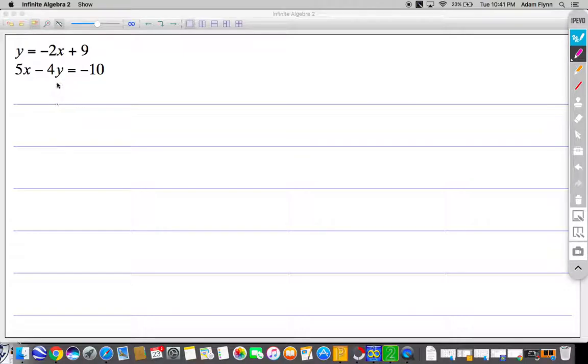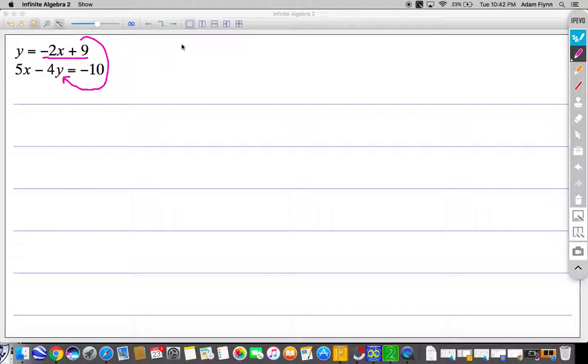Okay, next problem. Similar to the last one, we have a variable that's all by itself, so we will take this negative 2x plus 9, and since we know that this equals y, we will plug it in for y in the second equation.